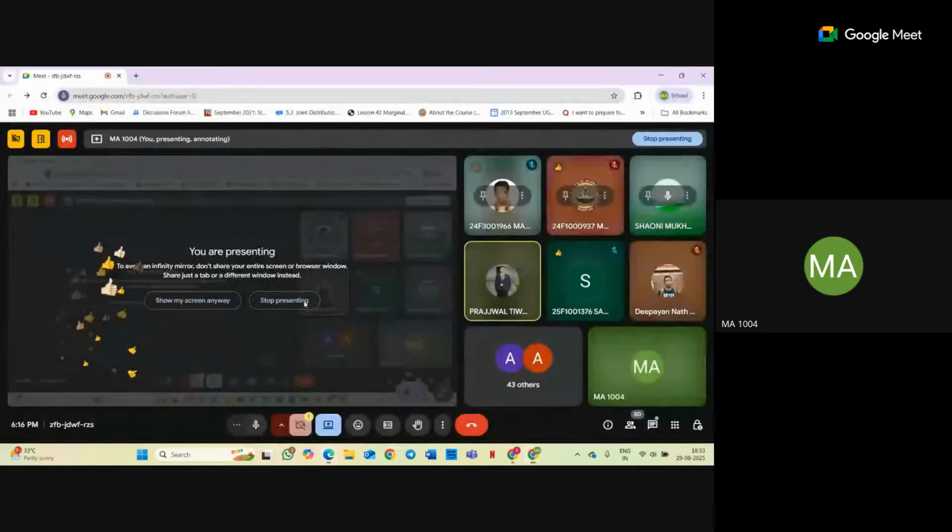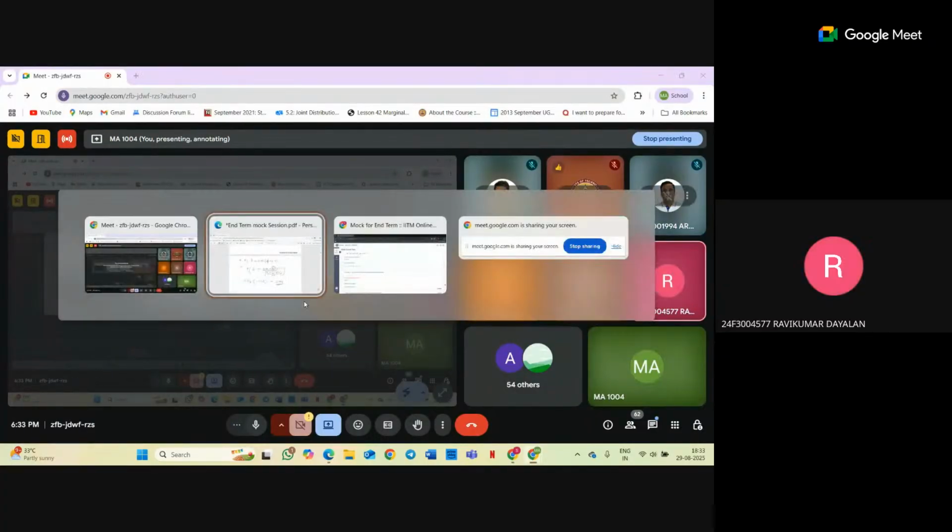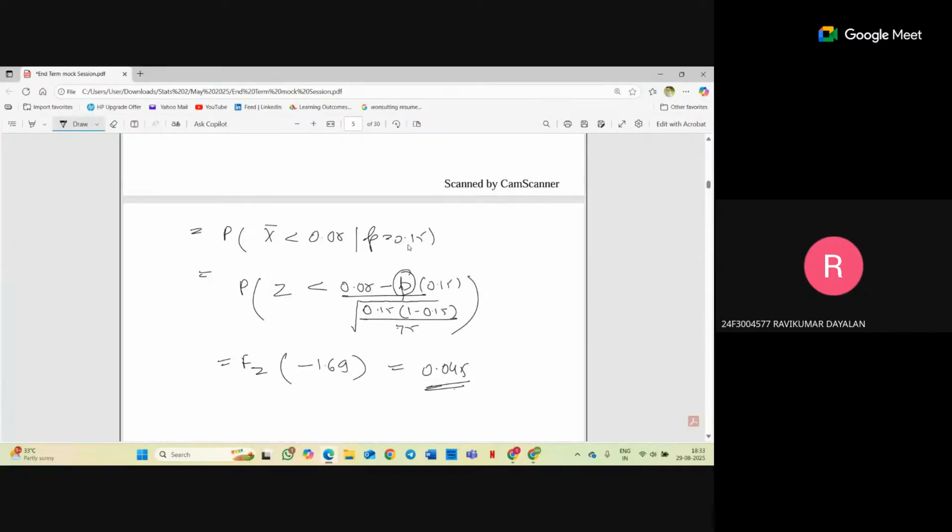Ma'am, is the question clear? Ma'am, what is the value you are taking, 0.08 minus of what? The next step: this is P. In the under root, we are taking the standard deviation, but don't we take the number of trials?